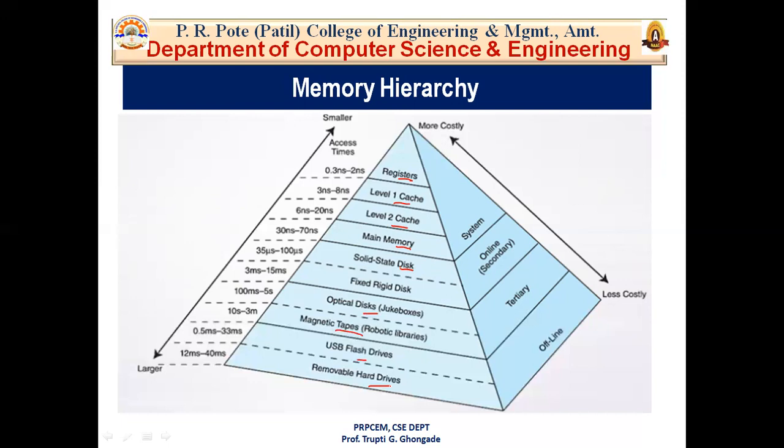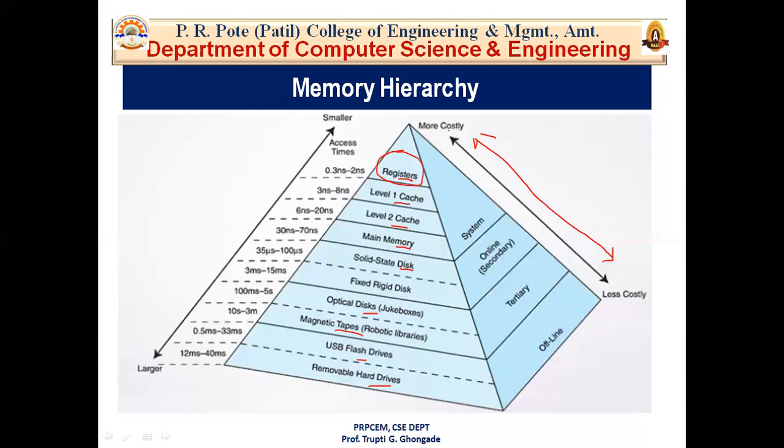If we consider the cost part, that is cost per bit, the register cost is maximum amongst all of these. You can see here the topmost memories are more costly and the bottommost memories are less costly.